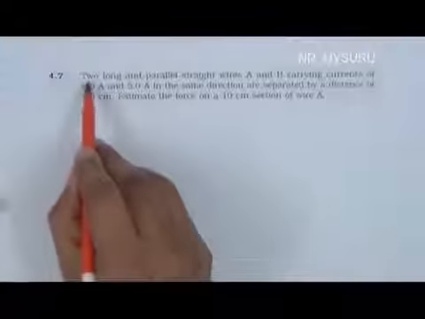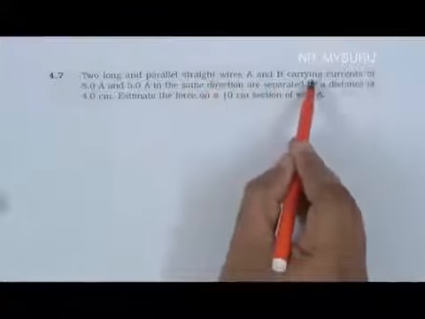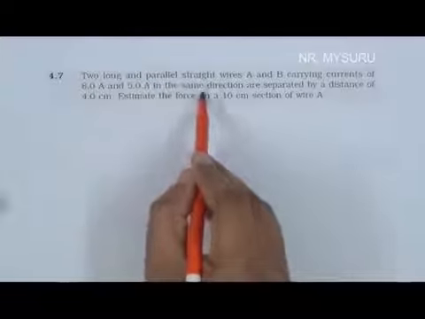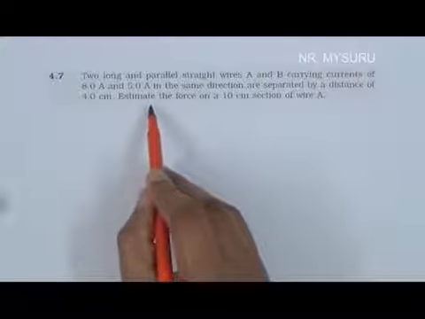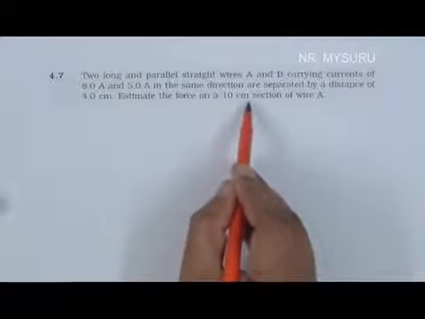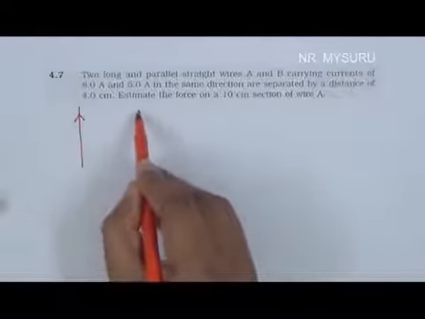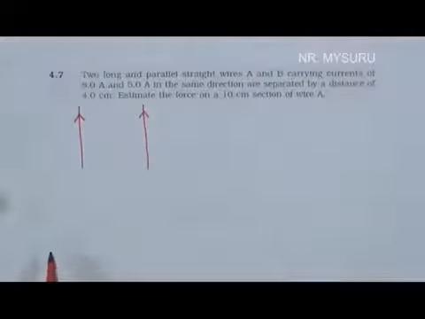4.7. Two long and parallel straight wires A and B carrying currents of 8 ampere and 5 ampere in the same direction are separated by a distance of 4 centimeter. Estimate the force on a 10 centimeter section of wire A. So there are two straight conductors, direction of current.